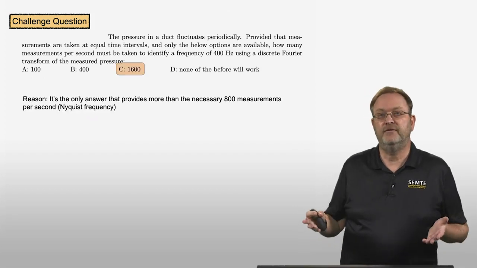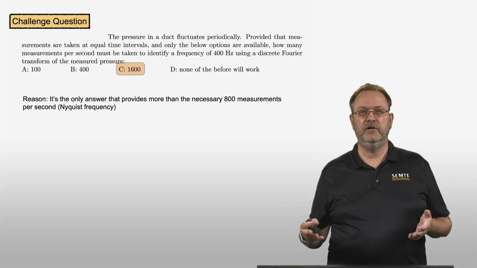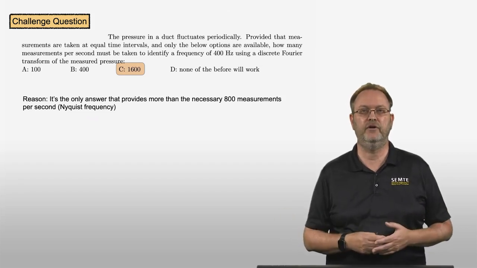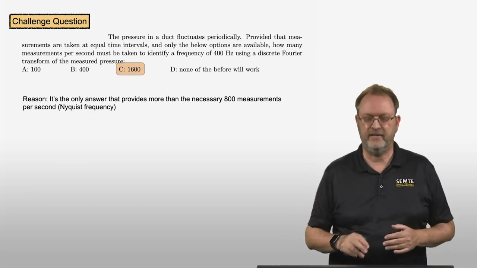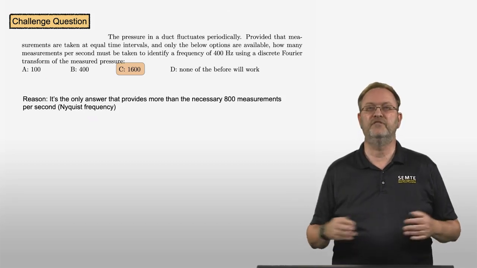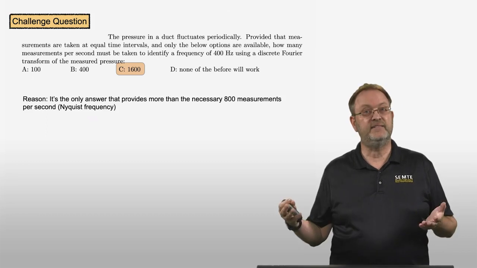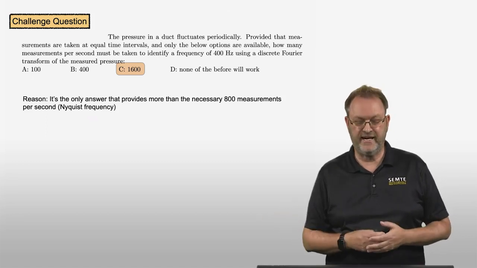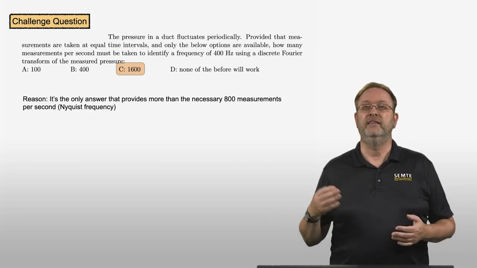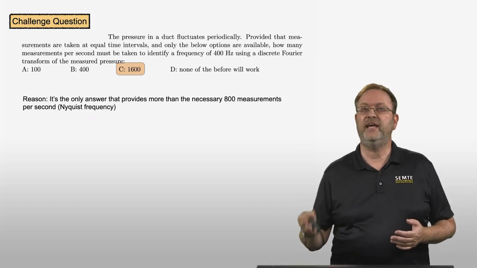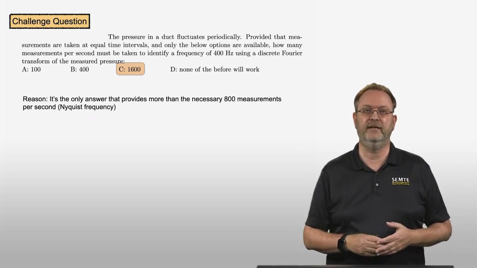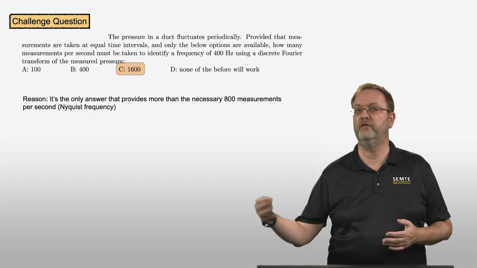So the correct answer is that you should measure at 1600 Hertz, provided that these are really the only options that you have available. And the reason for this is that 1600 measurements per second is the only option that provides the necessary 800 measurements per second to identify the 400 Hertz signal.